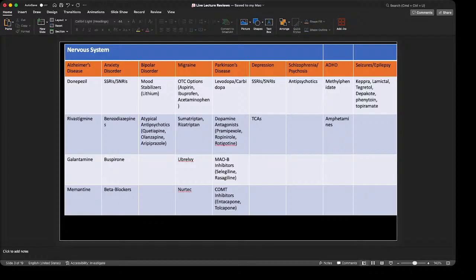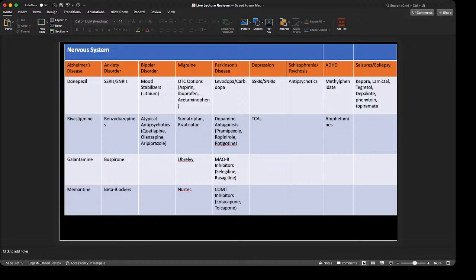Parkinson's disease, carbidopa, levodopa. I think we already discussed this previously in one of my other videos. But the levodopa is essentially used to convert to dopamine once it gets through the blood-brain barrier. And the way it's going to do that is it's going to go through those transporters, get out into the brain, and then go into the neurotransmitter, convert to dopamine.